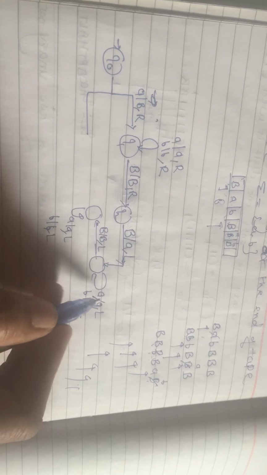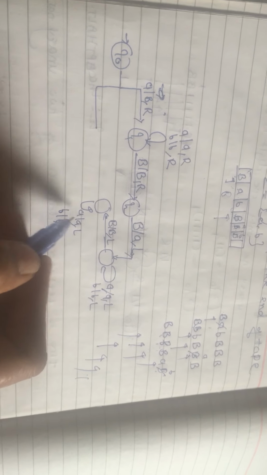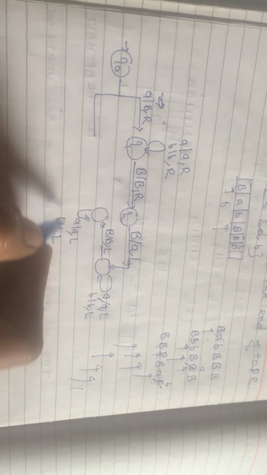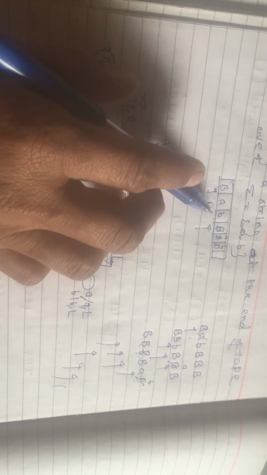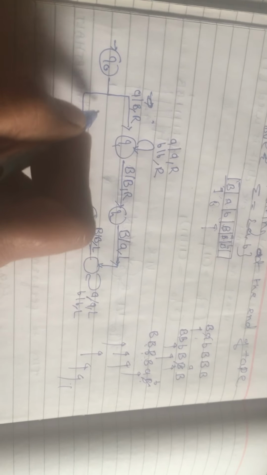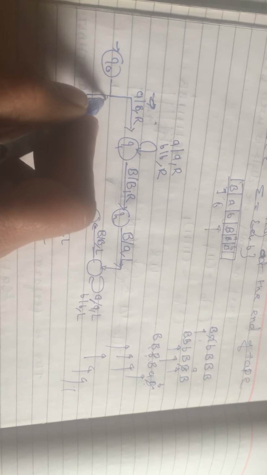These are the A and B of the copied number and these are of the original number. After reading the original number to the left side, it will come back to this second blank. Now repeat the procedure.